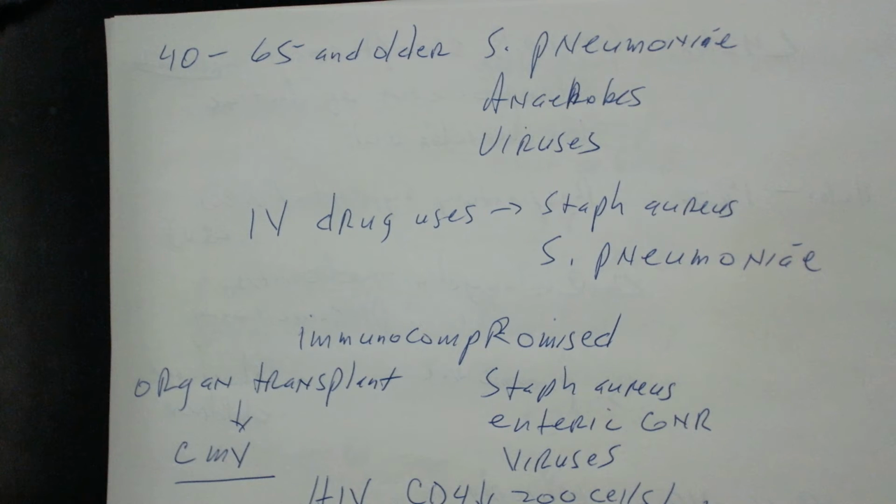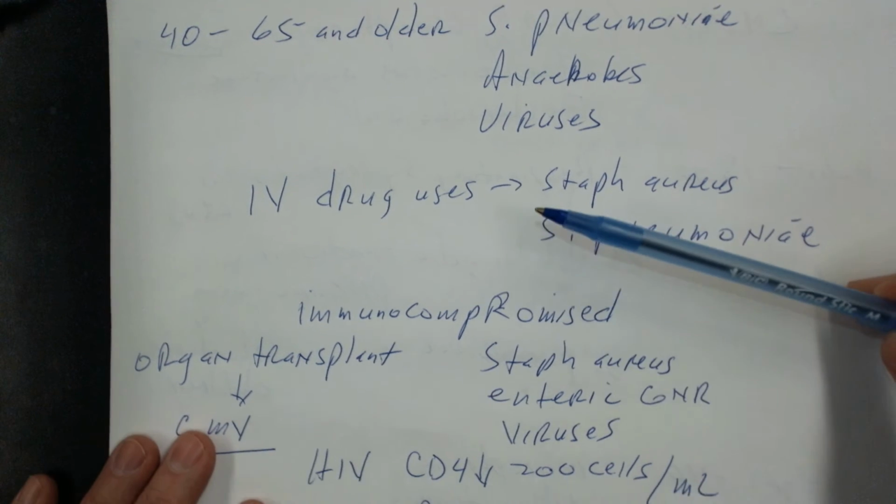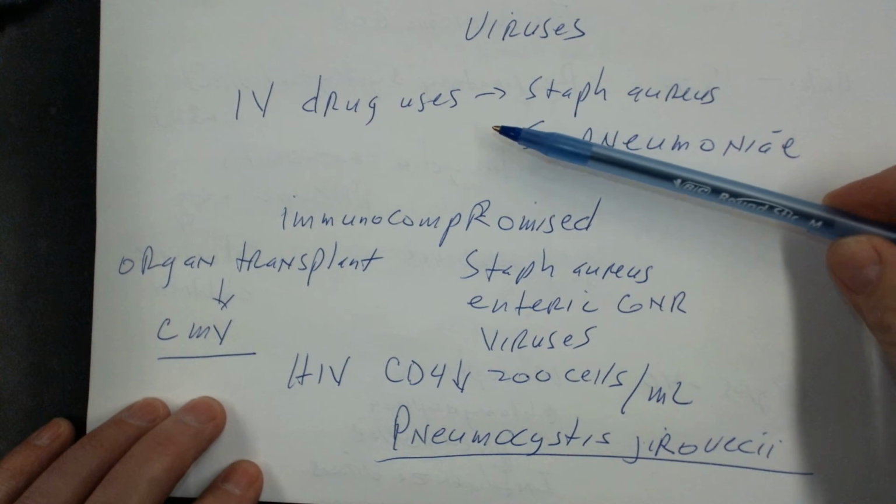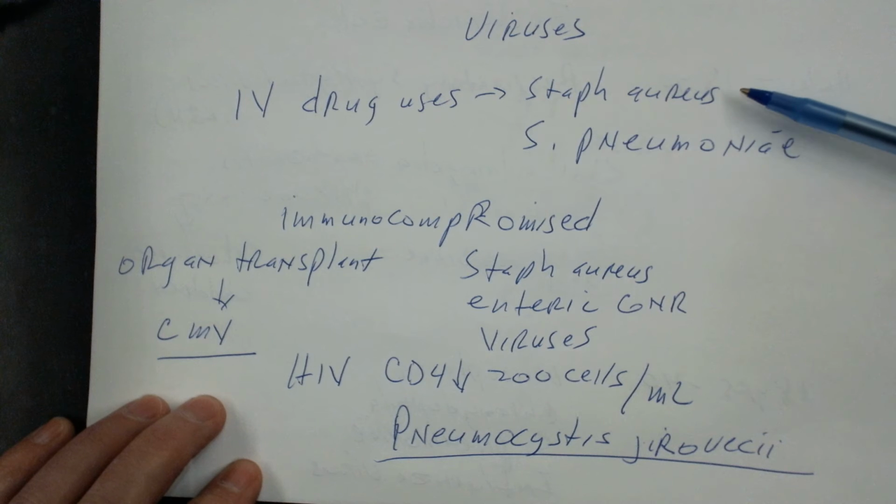If you hear at rest homes about people dying from pneumonia, pretty safe bet that that older patient died of Streptococcus pneumoniae pneumonia. IV drug users, most common causes of pneumonia are Staph aureus and Streptococcus pneumoniae.